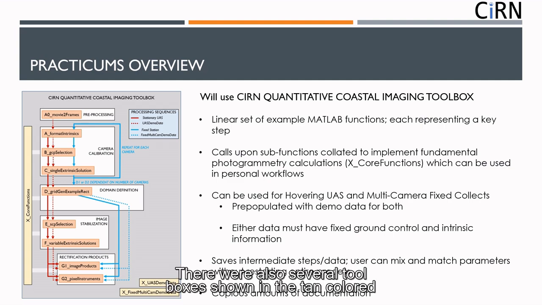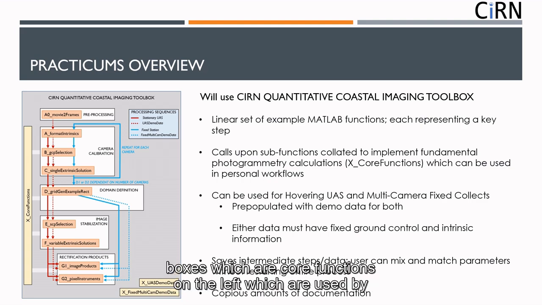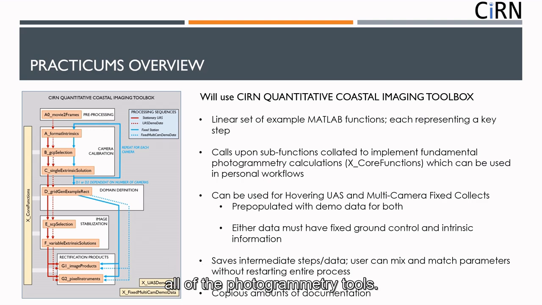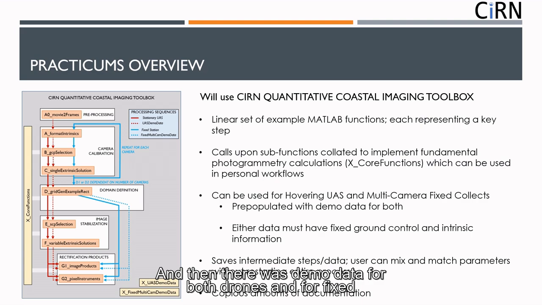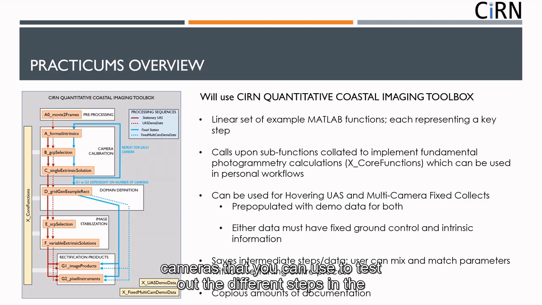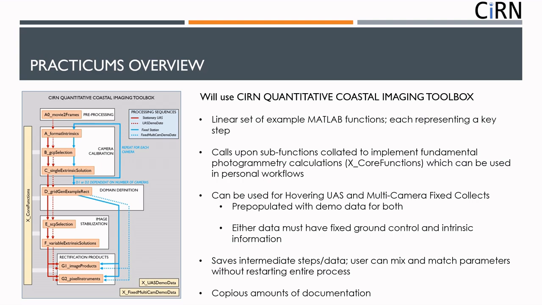There are also several toolboxes shown in the tan-colored boxes, which are core functions on the left, which are used by all of the photogrammetry tools. And then there is demo data for both drones and for fixed cameras that you can use to test out the different steps in the process.